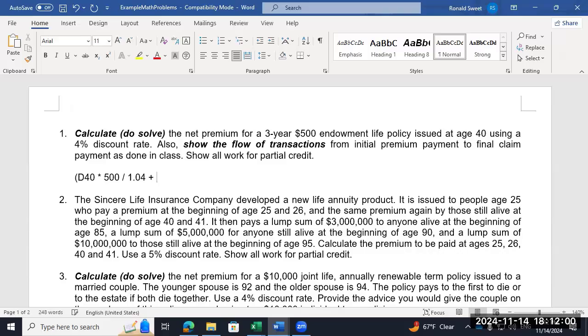Plus 13.41 times 500 divided by 1.04. Okay. Then 15 times 500 divided by 1.04 squared. Okay. And then add L40, well, L43.